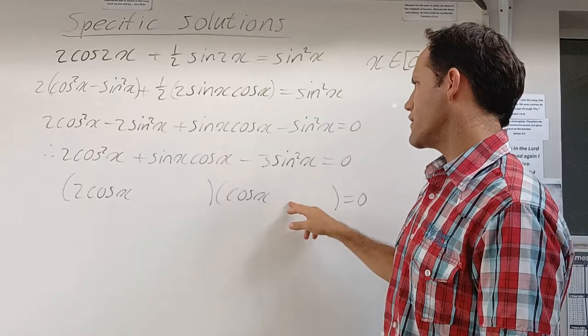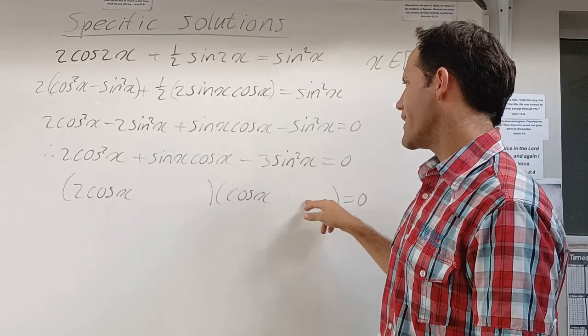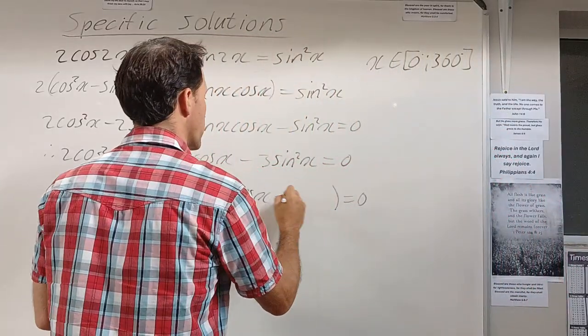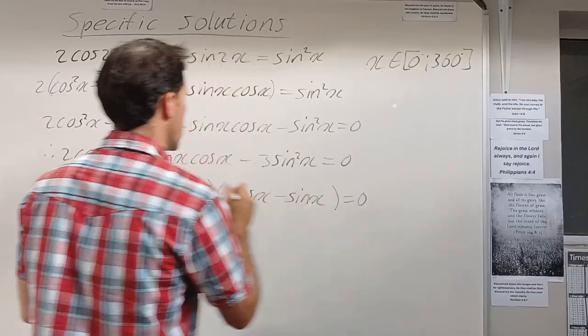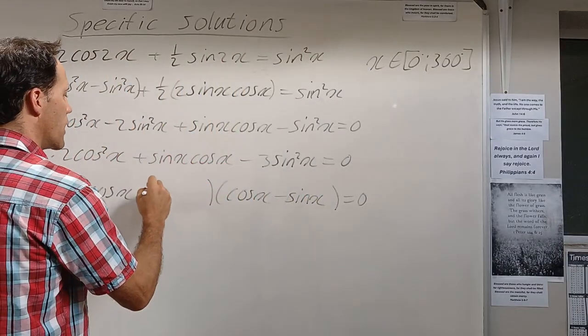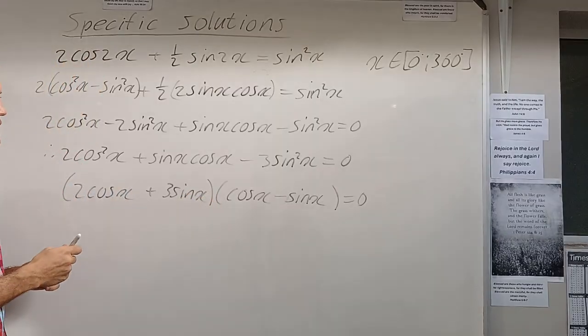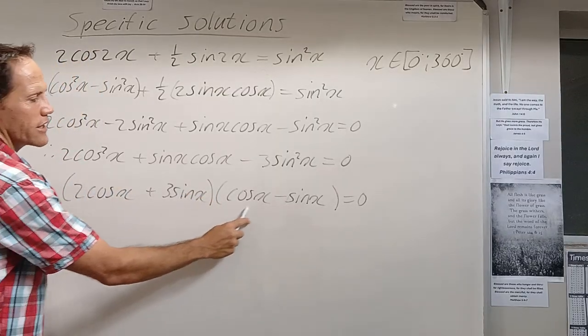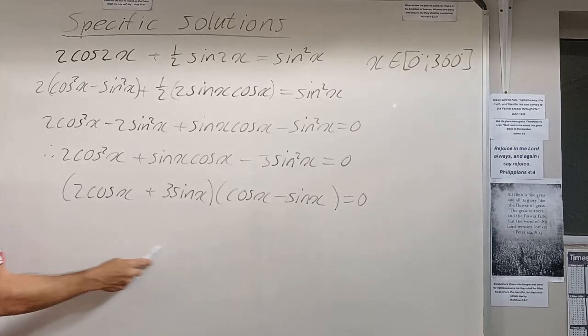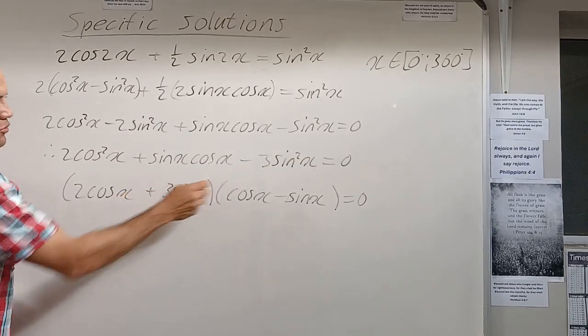So if you make this one minus sin x, and you make this one plus 3 sin x, then it looks like it's going to work. 3 sin x cos x minus 2 sin x cos x gives you plus 1 sin x cos x in the middle.